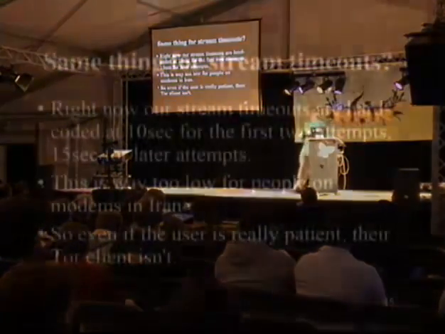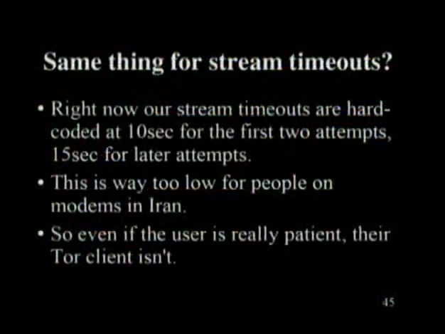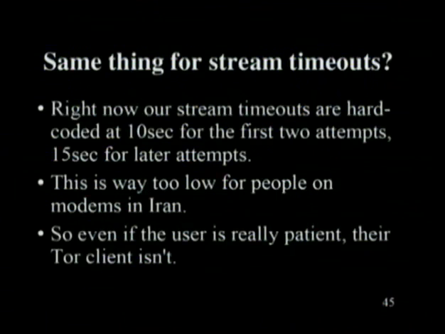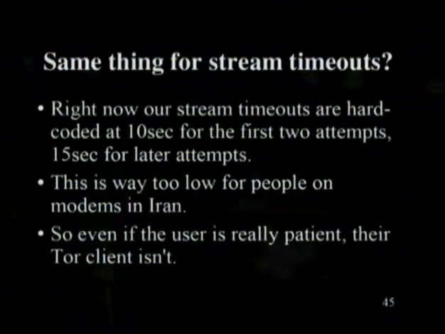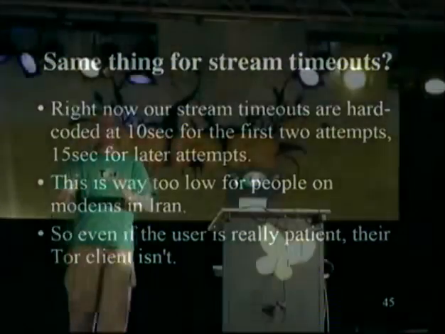Right now, if I ask for Google.com, I'm going to ask one circuit, and if 10 seconds pass and I haven't gotten any sort of response, then I say, well, I guess something went wrong with that circuit. I'm going to switch to a new one, and I'm going to have a new 10-second period for that. And if I get no answer there, I say, well, I don't want that circuit either. I'm going to switch to this and have a 15-second timeout.